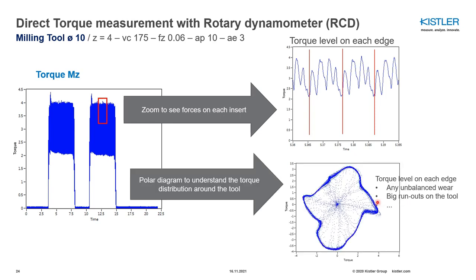By utilizing our software DynaWare, for instance, you can see the torque level on each edge, and thanks to this dynamic part of the measurement with the piezo technology, you can really see the moment on each insert. And by analyzing these, you can get ideas about whether any unbalanced wear occurs on one of the inserts, or if you have any big runout on your tool, and so on.